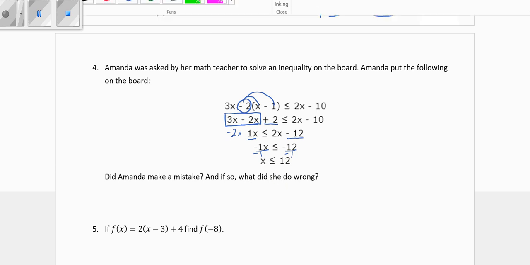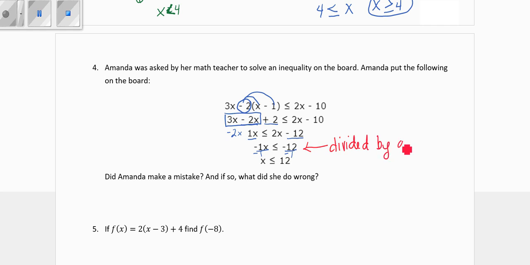So I see that Amanda made a mistake at the very end when she divided by a negative. Anytime you divide by a negative, it makes whatever you had become opposite. So the negative 12 became a positive 12, but we also have to flip our inequality symbol.